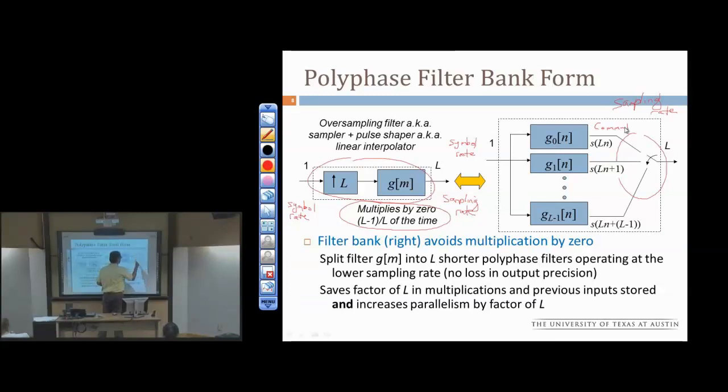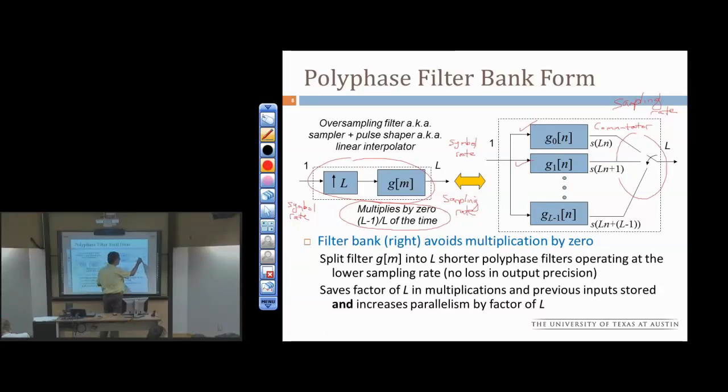Correct. So each filter has a job: one filter does index 0, one filter does index 1. These are polyphase, and they each have different delays. So this does index 0 on the output, this does index 1 on the output, and so forth.